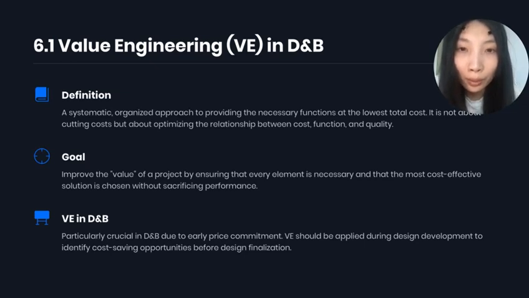VE is particularly critical in design and build because the contractor often commits to a price early, while design development continues. If VE is applied during the design stage, it helps the team identify cost-saving opportunities before design is finished, which prevents expensive redesign later.